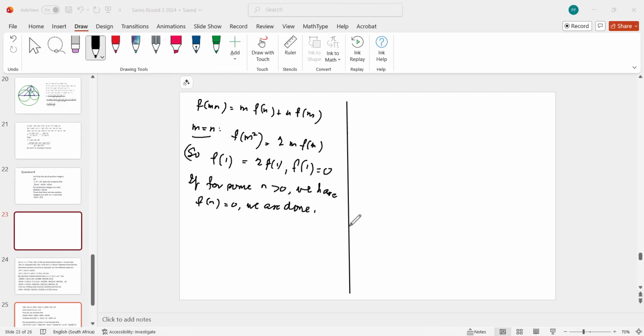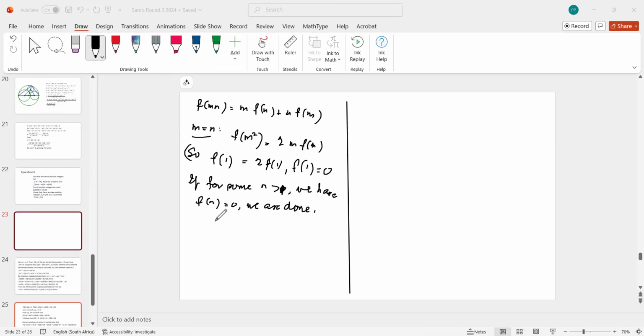And what does that mean? It means now that we have two different values which have got the same outputs. f of 1 equals f of n, but n is not equal to 1, for some n greater than 1, and because the inputs are all natural numbers. So if there's some n greater than 1, then you got f of n equals f of 1, and n is not equal to 1.